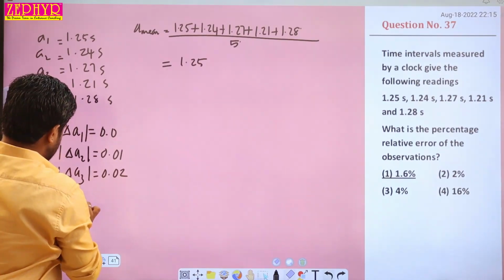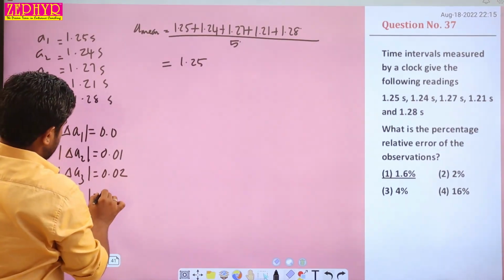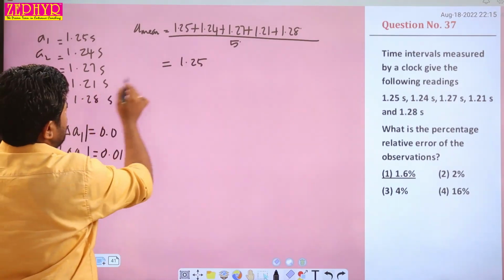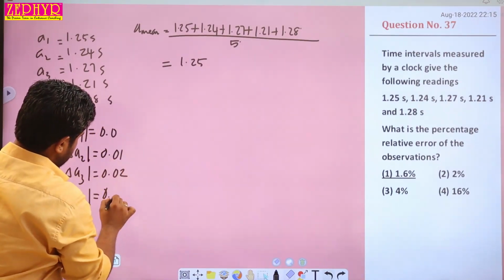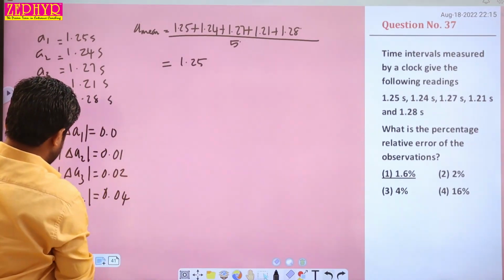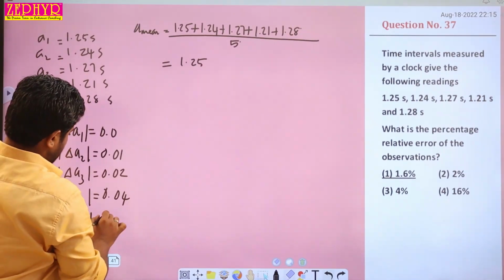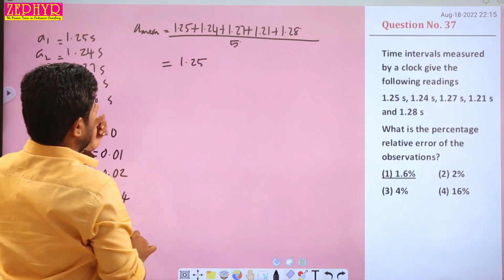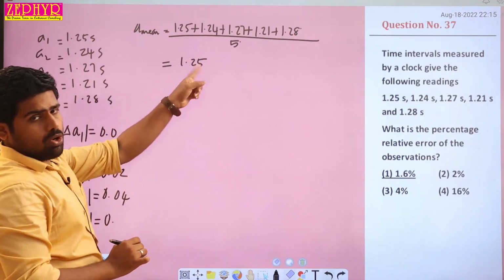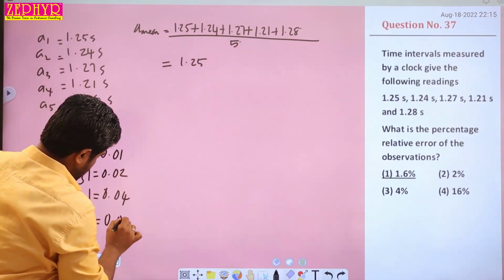Then delta A4 is 1.25 minus 1.21, that is 0.04. Then delta A5 is 1.28 minus 1.25, that is 0.03.